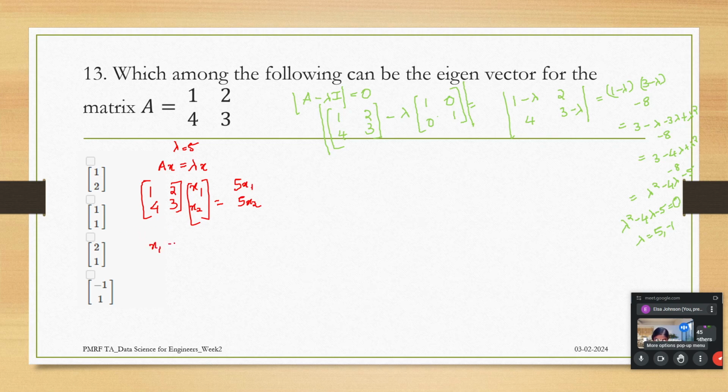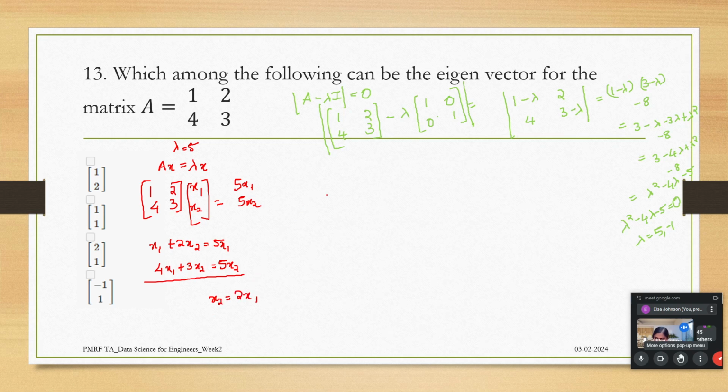So x1 plus 2x2 equal to 5x1 will be coming, and 4x1 plus 3x2 equal to 5x2 will be coming. If you solve both these equations, you will be getting x2 equal to 2x1.